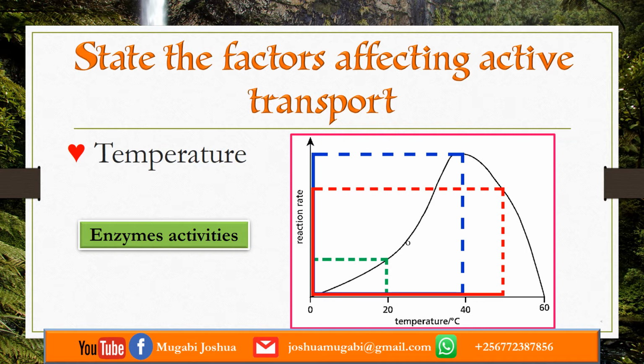And when you denature the enzyme, it means that the enzymes now cannot perform their work, and therefore the rate of reaction is going to reduce. So that means that the optimum temperature where the enzymes work best is at 40 degrees Celsius. That's when the enzymes will perform at their best.